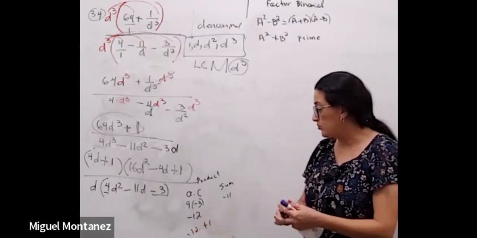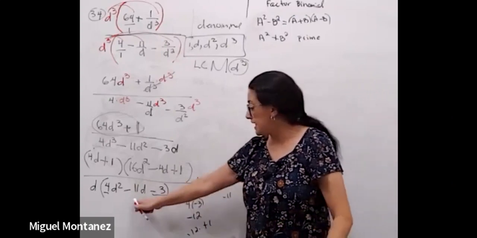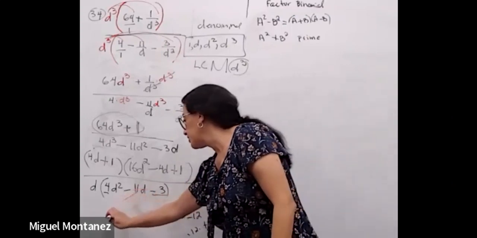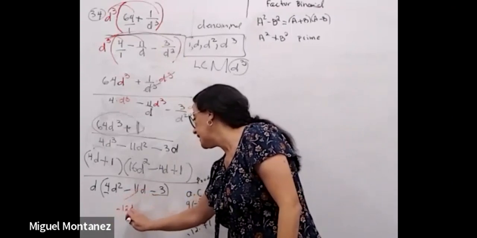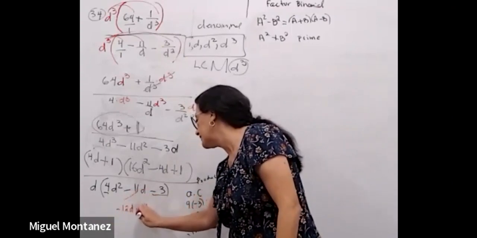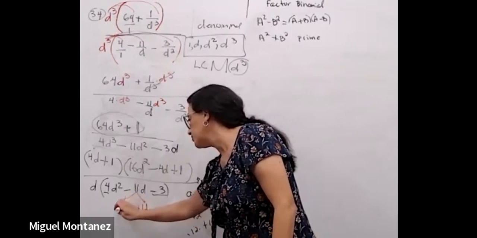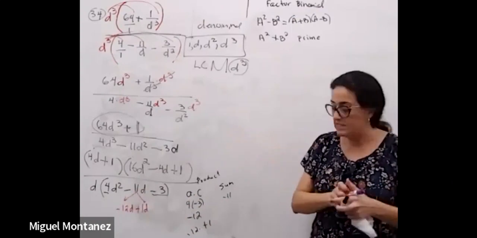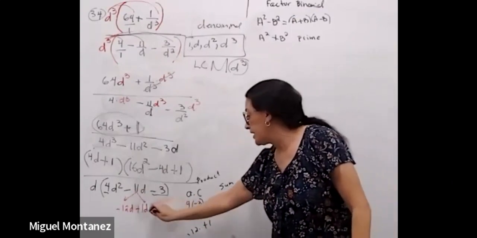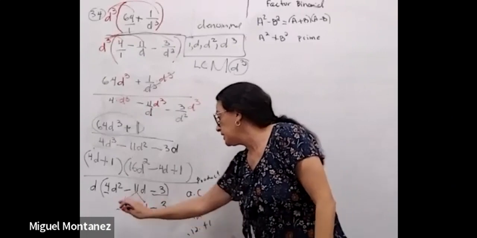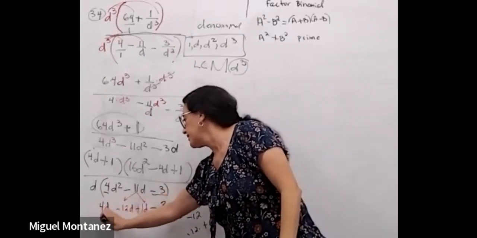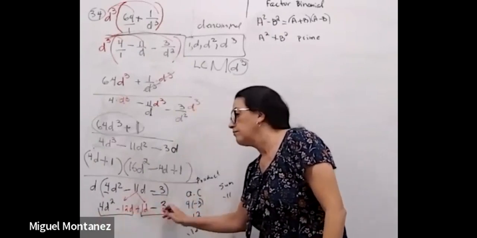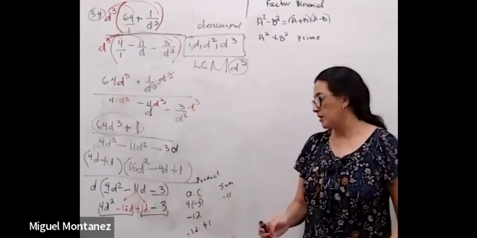So now we are going to rewrite this negative 11D as negative 12D and positive 1D. That's what we're doing with the AC method, rewriting that middle term as two pieces. So now we have the last term is a negative 3, the first term is a 4D squared, and we could factor by making two groups.